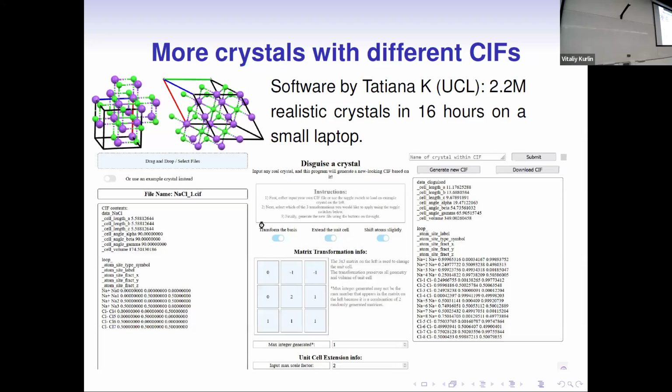And it was possible to create these 2 million realistic crystals in just 16 hours on a small laptop using the knowledge of a school child. Well, good. So, still something to work on, if large AI teams would like to beat a school child.